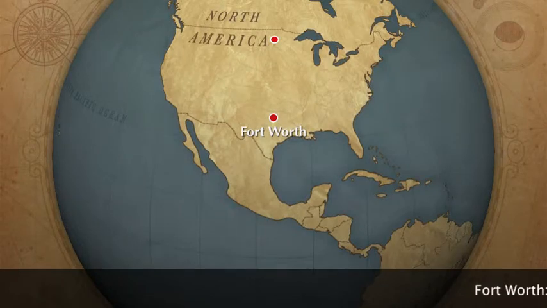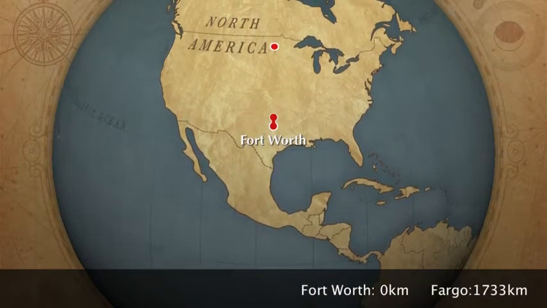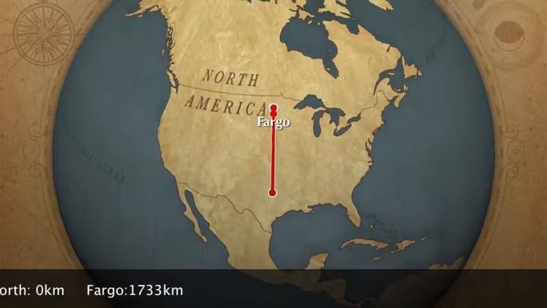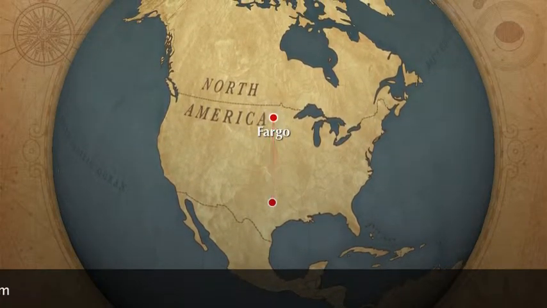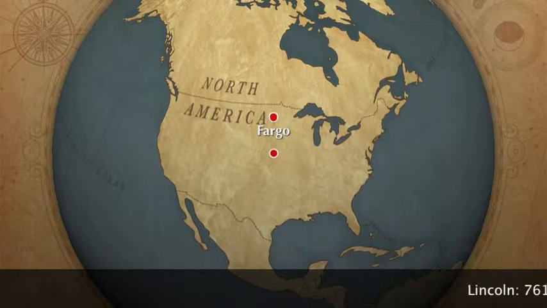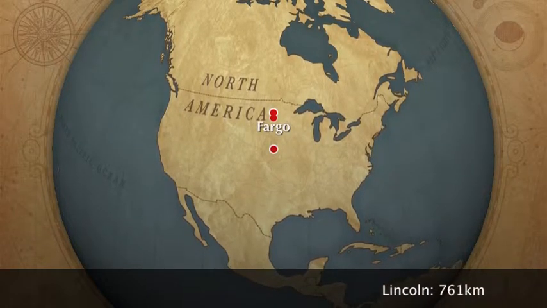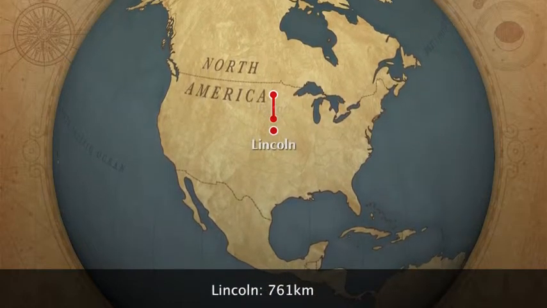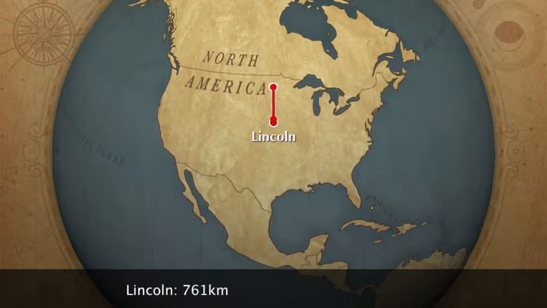But displacement is not always equal to the total distance traveled. Let's say a man drives from Fort Worth, Texas, which is still 0 kilometers, to Fargo, North Dakota, which is still 1,733 kilometers. But when he arrives at Fargo, he remembers that he left his wallet in Lincoln, Nebraska, which is 761 kilometers away from Fargo, North Dakota.